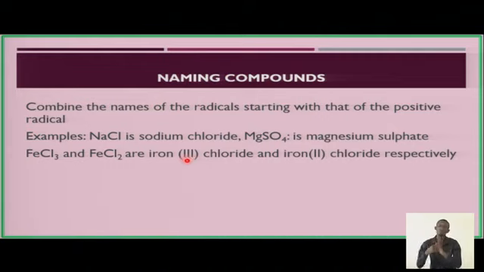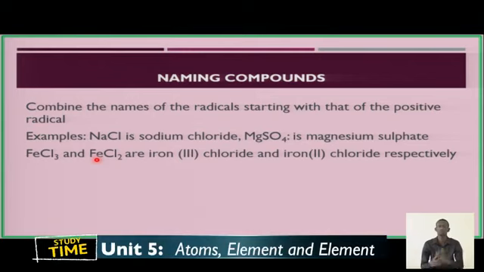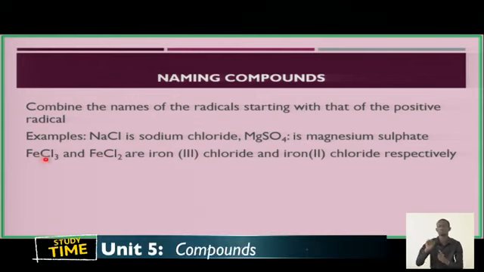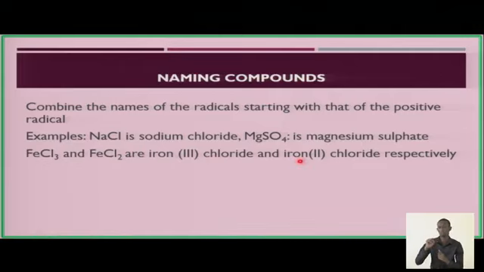You remember how we named these monoatomic ions, which have different charges but come from the same element. We said that you use the Roman numbers in brackets to show the charge on each ion. So here, this one will be iron 3 chloride, and the second one will be iron 2 chloride.